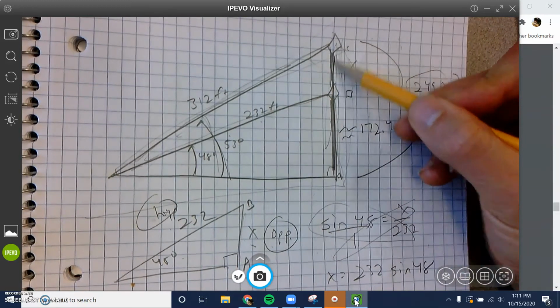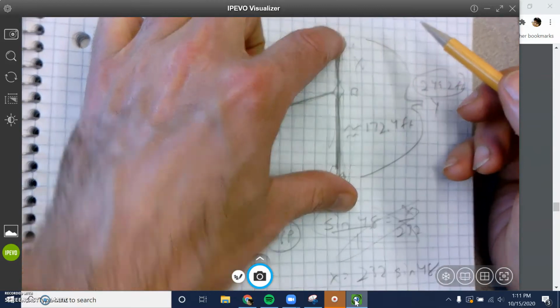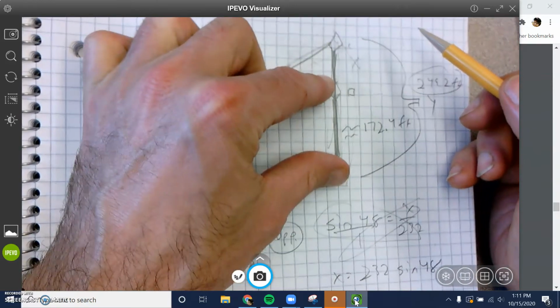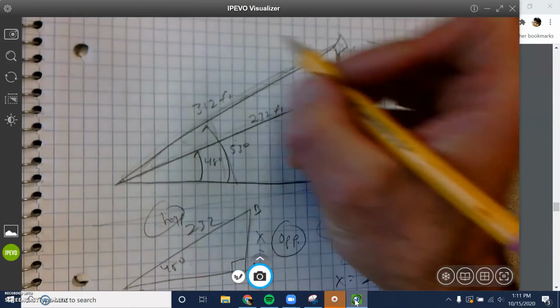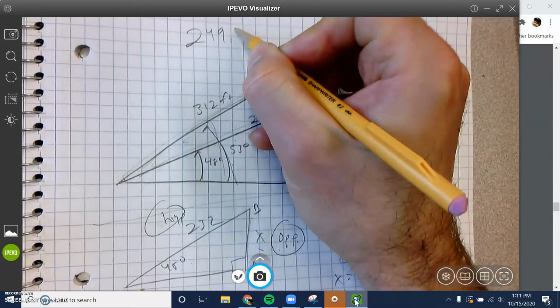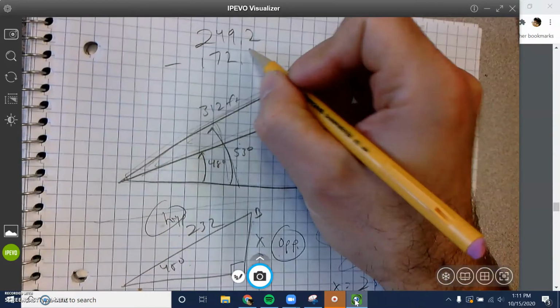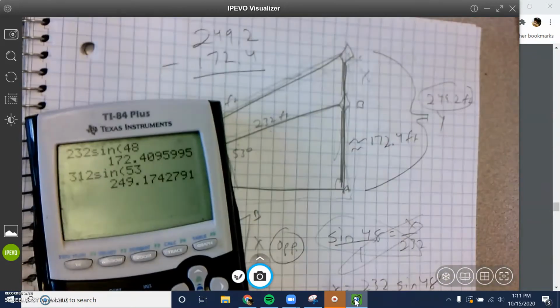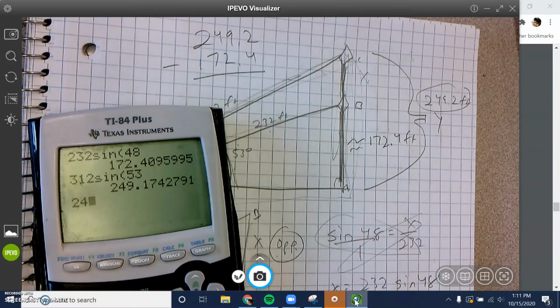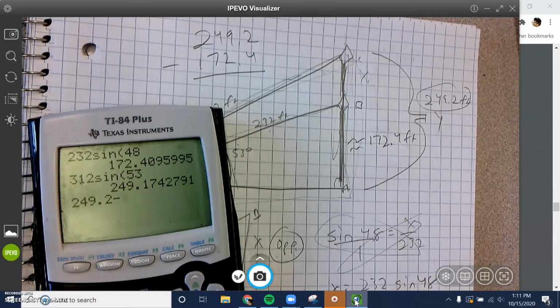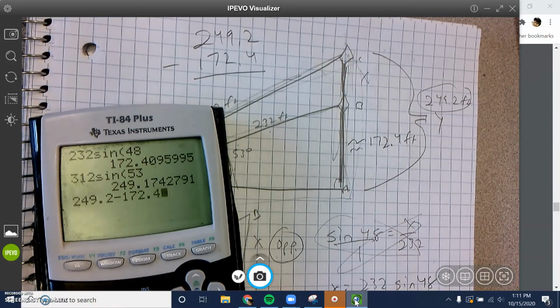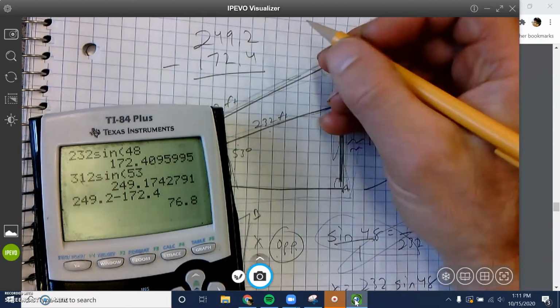In order to find X, I need to take this big part and subtract the little part. So take the big part and subtract this, and I'm left with this, right? So 249.2 feet minus 172.4 feet, and you get 76.8.